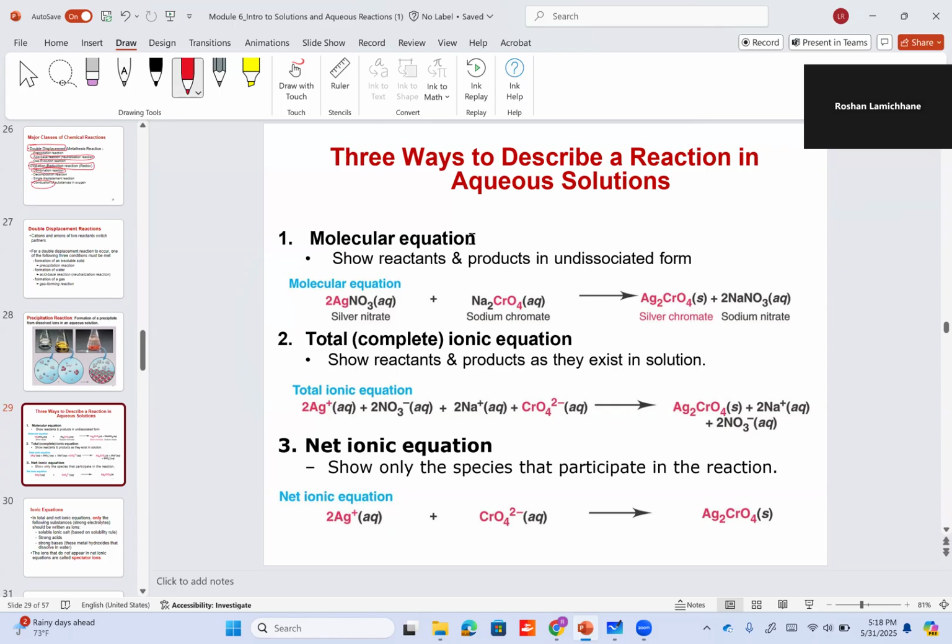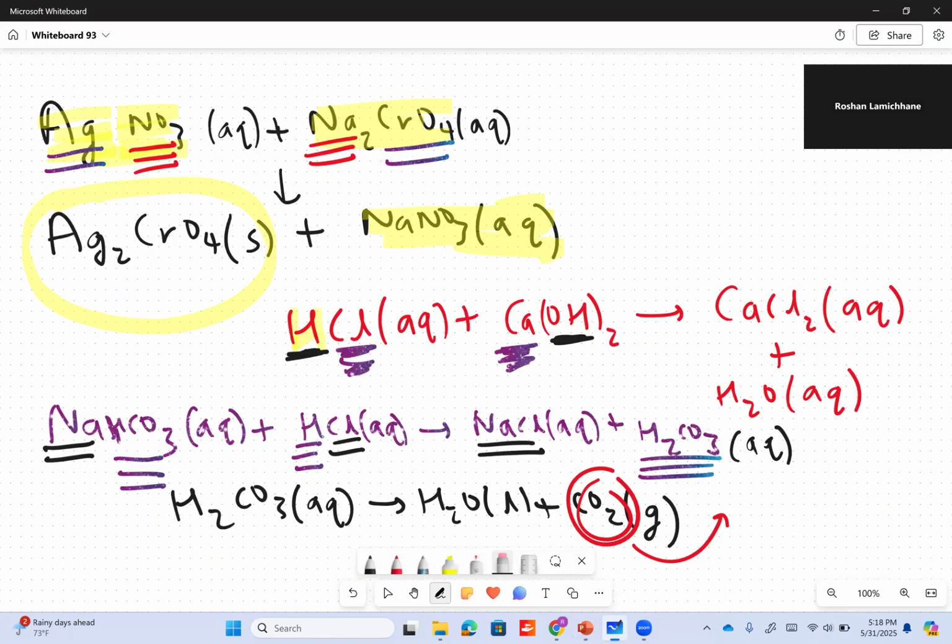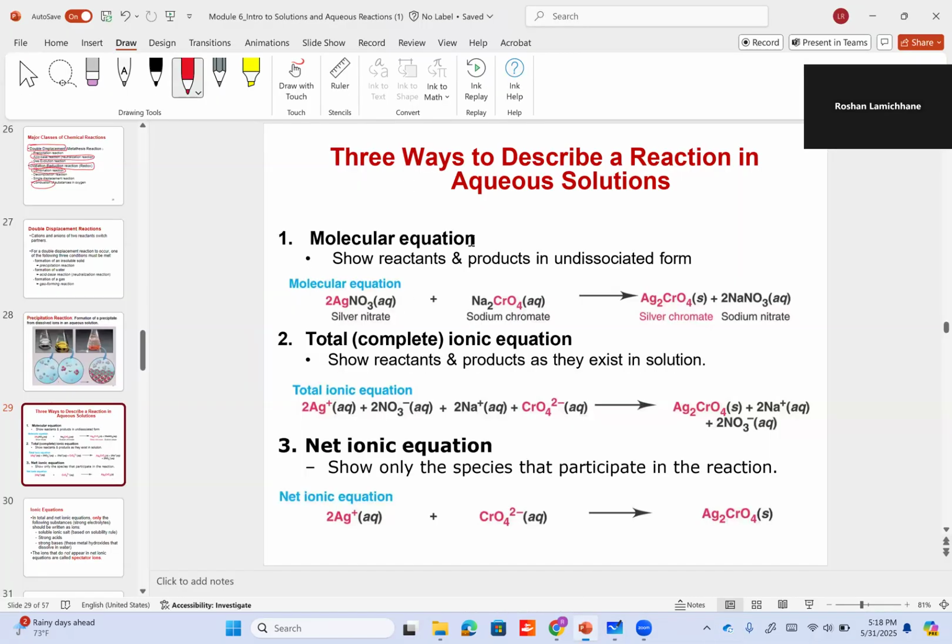So your molecular equation shows reactants and products in undissociated form. None of these were dissociated. That is why this right here is an example of a molecular equation. Every molecular equation must be balanced, and that is why you see these numerical coefficients in front. This 2 balances out the silver atoms, and this 2 balances out sodium, and so on.